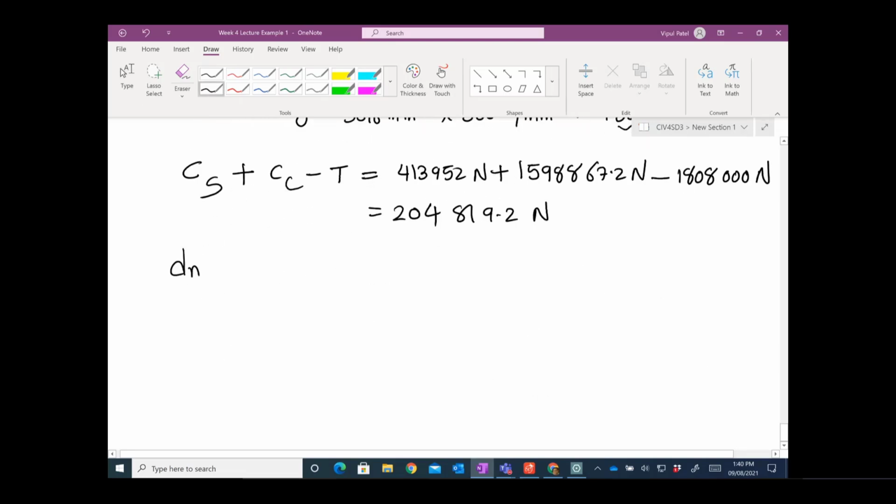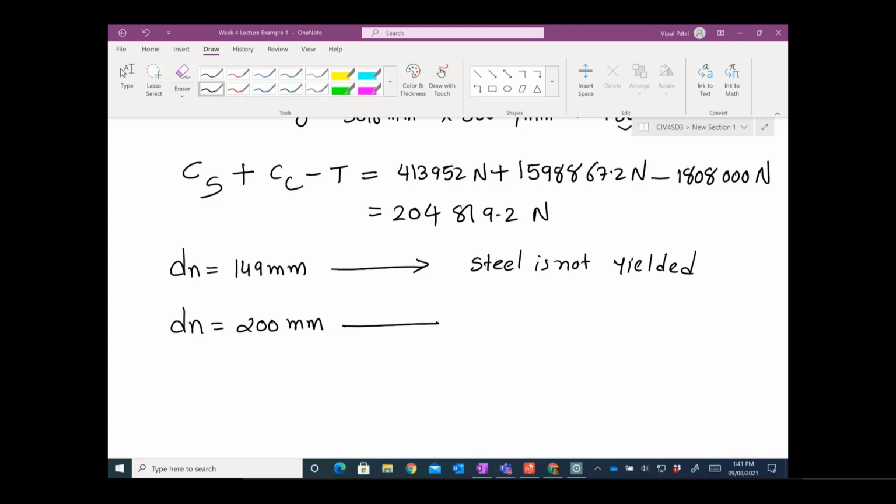See, now let me tell you the whole picture. We started with Dn equal to 149 millimeters, and the top rebar is not yielded, so we can't use that one. Then we took Dn equal to 200 millimeters, and we did not reach equilibrium.